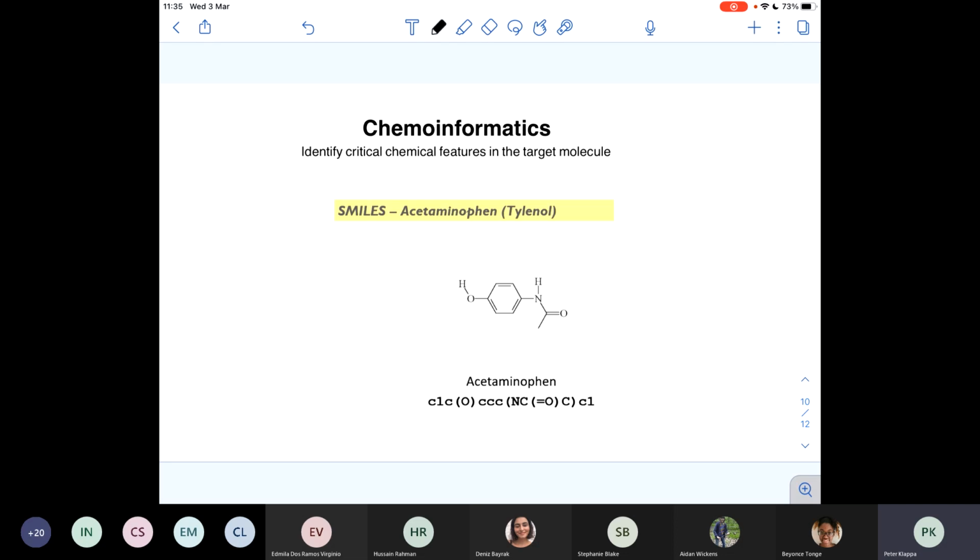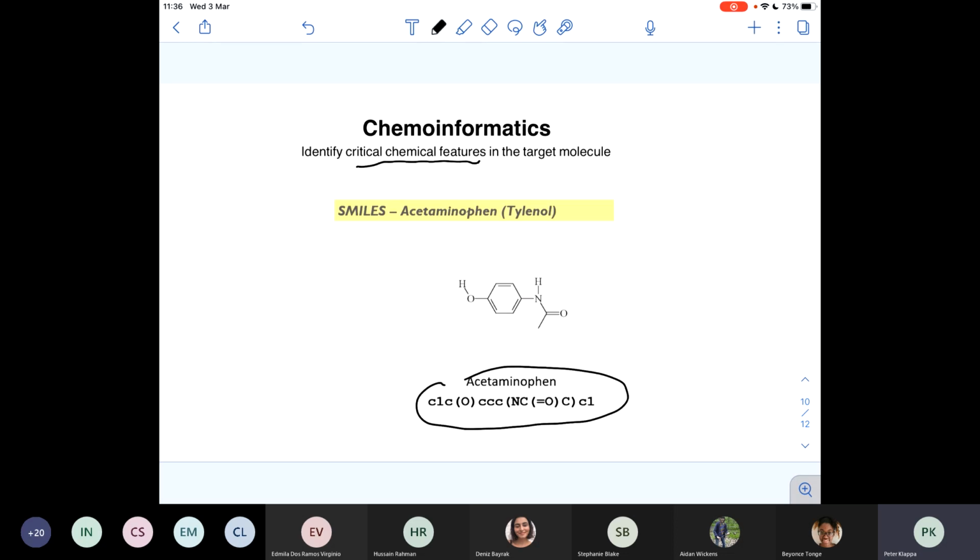So I don't speak SMILES, but Chemo Informatics actually has stored the critical chemical features of loads and loads of target molecules. And once you've got this, there are computer programs that translate potential molecules into this SMILES notation.